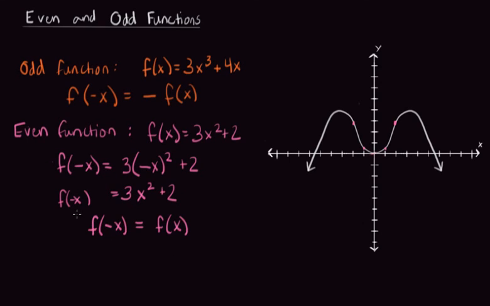And so anytime you plug in a negative x into an even function, you should just get exactly what that function was. It shouldn't change it at all. And so that's another way to tell even and odd functions. But remember, most functions aren't going to behave like this. Most functions are neither even nor odd, but there's some special functions that are odd and they'll behave like this, and special functions that are even that will behave like this.